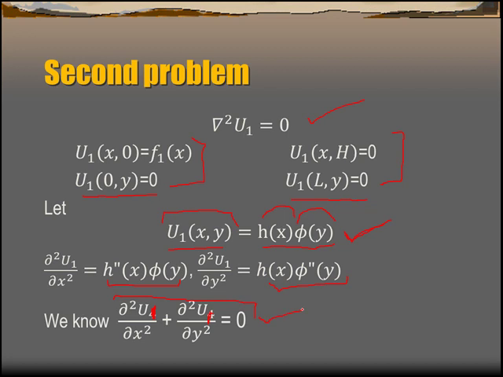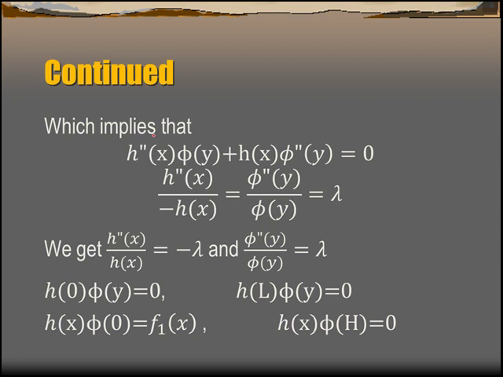So substituting the values of the second derivative with respect to x and with respect to y, we get h double prime of x multiplied by phi of y plus h of x multiplied by phi double prime of y is equal to 0.